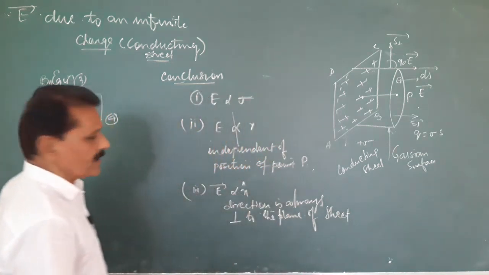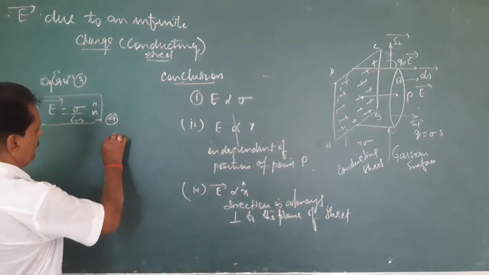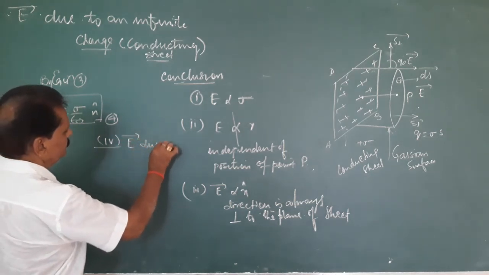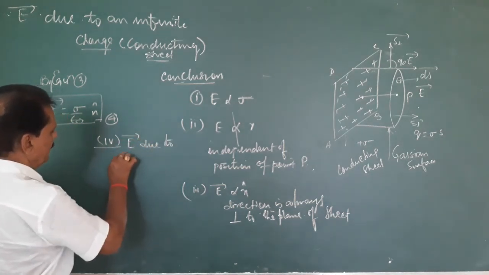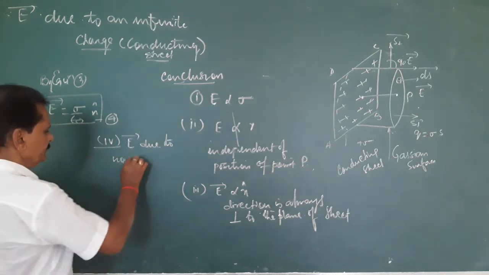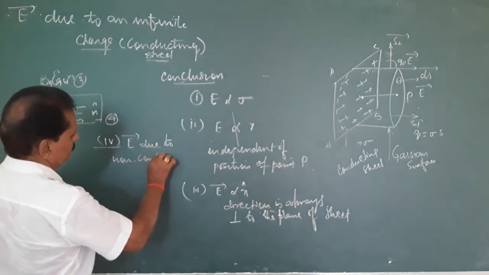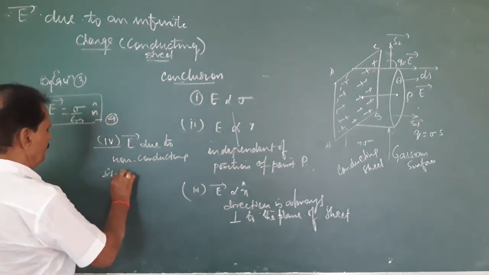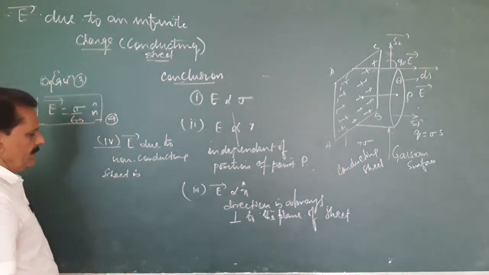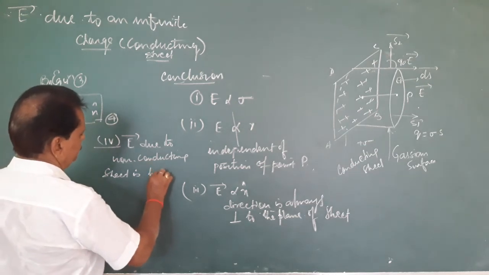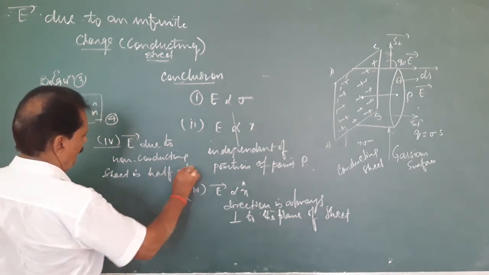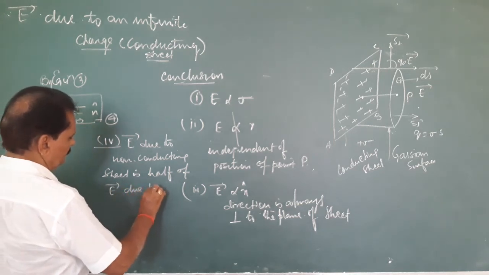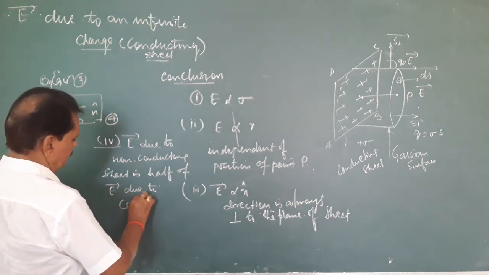These are the conclusions. And the fourth one is E due to a non-conducting sheet is half of E due to a conducting sheet.